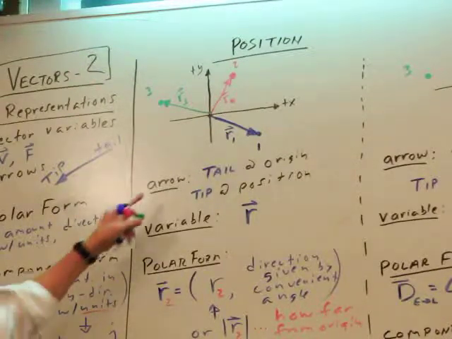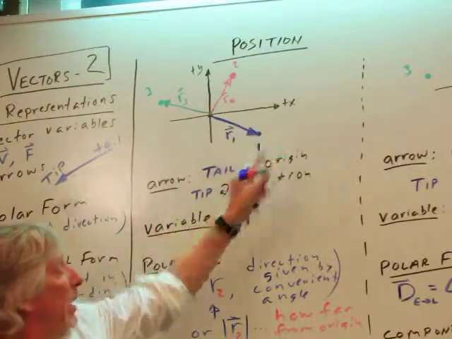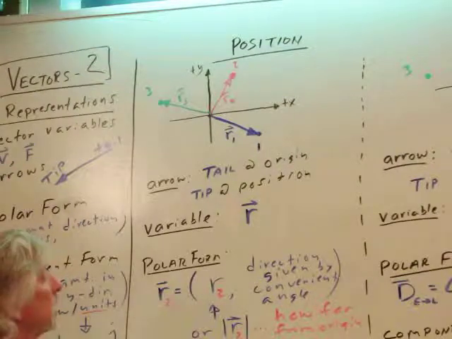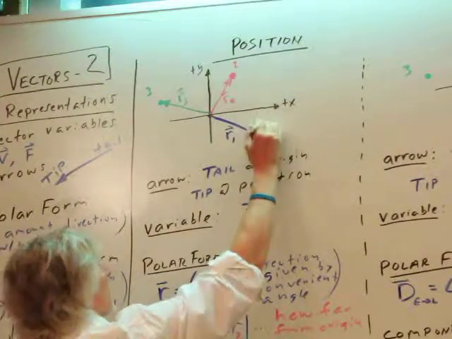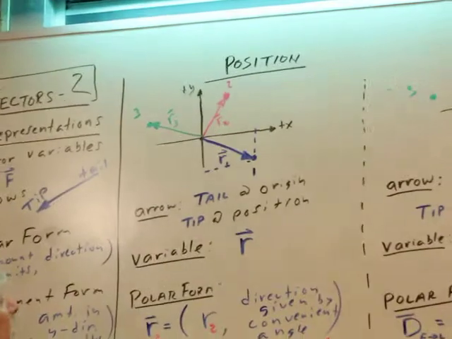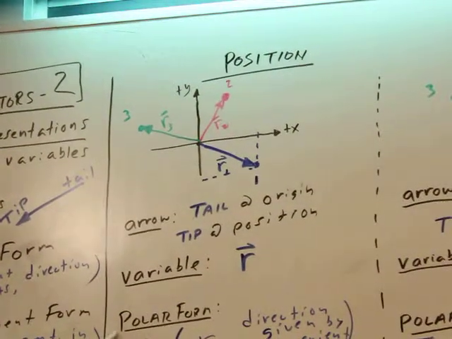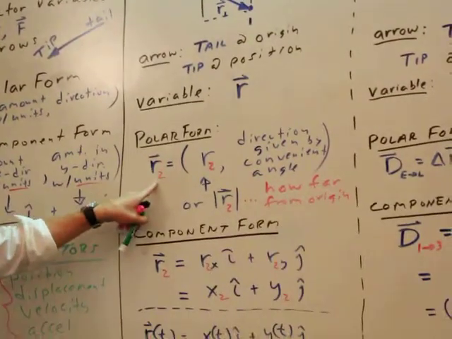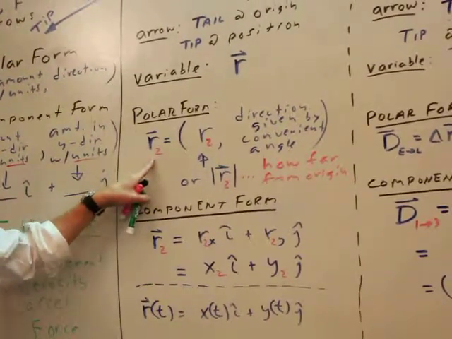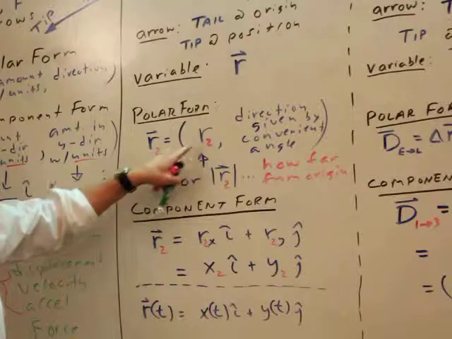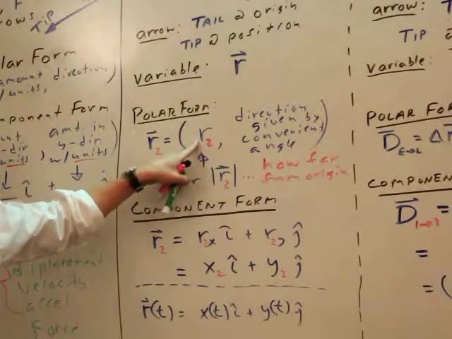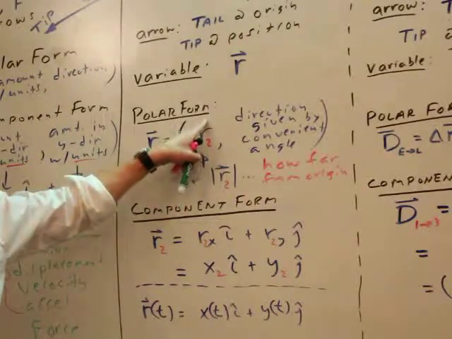But you can see that if I were at 1, I would be some amount in the x direction and some amount in the y direction. And so how we're going to deal with vectors is to divide and conquer. Divide up the x parts and the y parts. Okay? So in polar form, we've got r2. And this is a good point. You could either write the amount as r2 without the arrow.